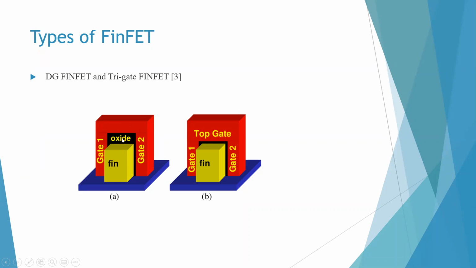In figure A, due to the thicker oxide layer, the upper gate does not have that much control over the channel. So this is a double-gate FinFET, while in figure B, we can see that the oxide layer between the gate and the channel is small. So the gate has a greater effect and it can control the channel. So this is a tri-gate FinFET.